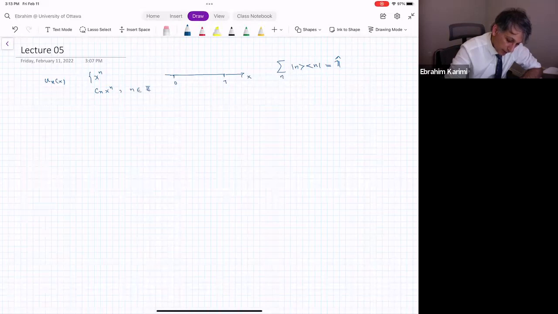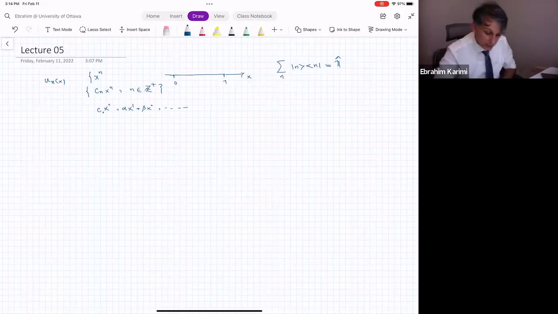So that looks like x^0 with c_0, and the other one can be completely different, I don't know, alpha x^1 plus beta x^0, et cetera.